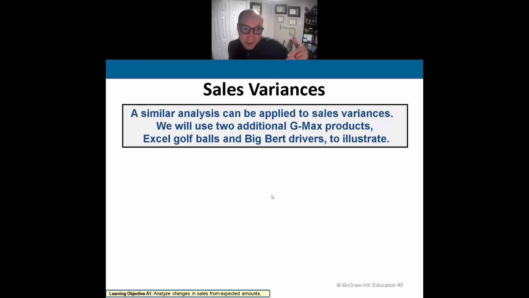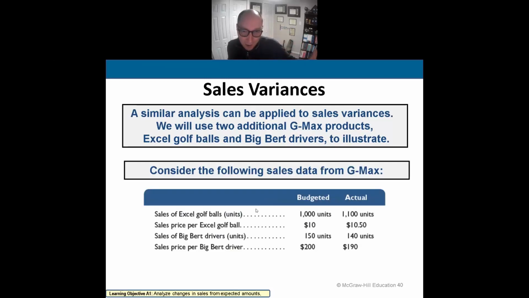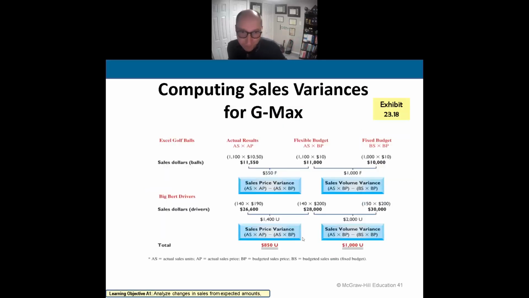You can compute sales variances very similarly to the way that we did with everything else. Actual minus budgeted. Actual sales times actual price, minus the budgeted sales times budgeted price, etc. It's the same exact process.